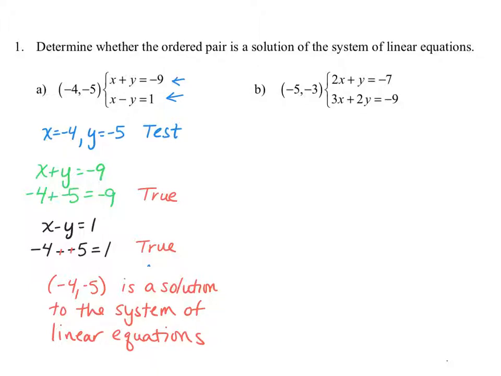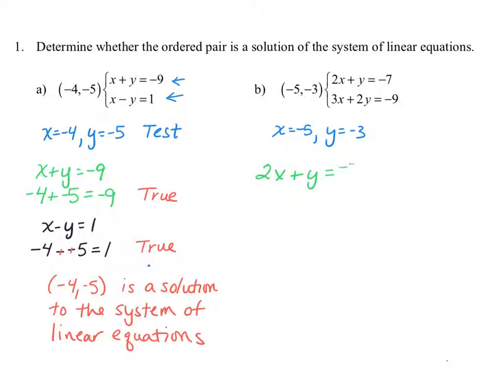Let's check part B. In part B, our given point is (-5, -3). So x is equal to -5 and y is equal to -3. In order for that to be a solution to the system of equations, both of the equations must be true. So let's begin with the first equation, 2x plus y.